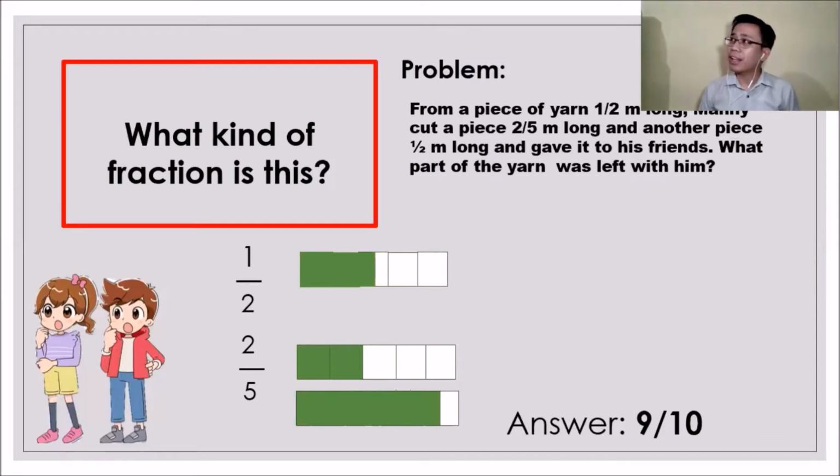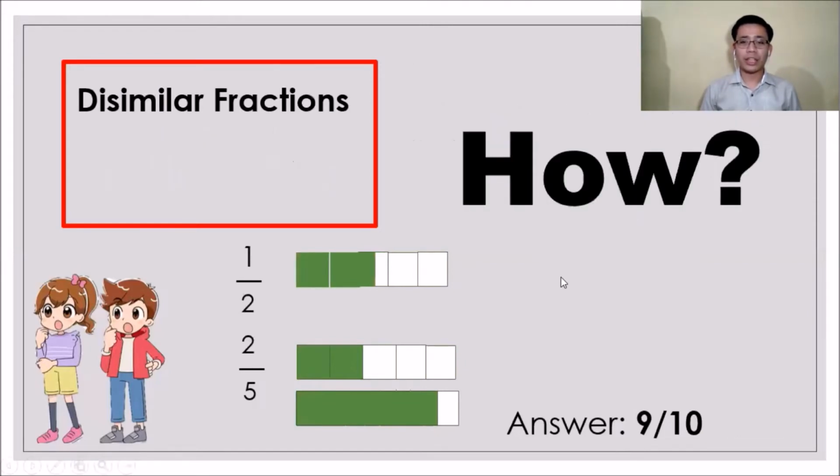Hindi ba magkaiba yun? Pero hinati lang isa sa kalahati at kung mapapansin nyo, pinaghating 5 yung pangalawang example. Kinuha natin yung 2/5 ay yung isa naman is 1/2. But the answer is 9/10. The question is how? Okay, so let us find out.